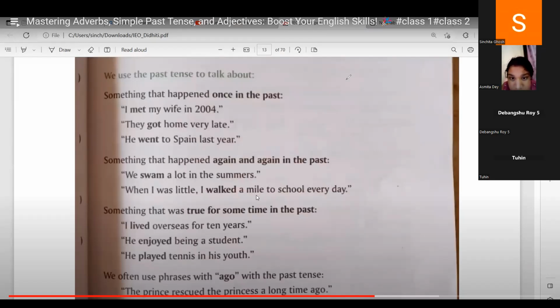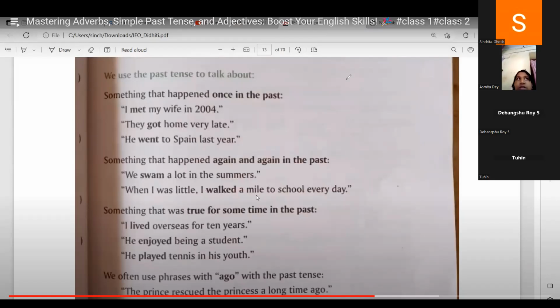Debanshu, can you give me your example, beta? Yes, ma'am. Ma'am, Raju lived overseas for 10 months.